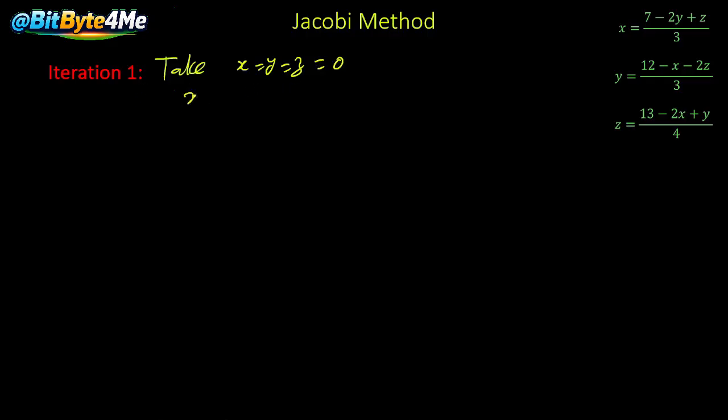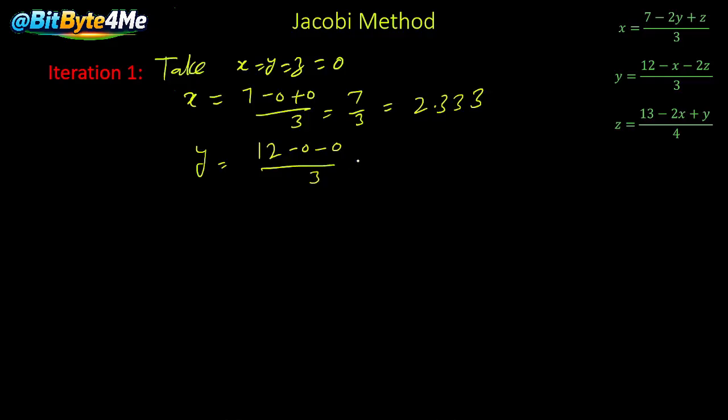If you take these, you will get the value of x as (7 minus 0 plus 0) by 3, that is 7 by 3, which is equal to 2.333, and y you will get (12 minus 0) over 3, that is 4, and z you will get (13 minus 0 plus 0) over 4, which is equal to 3.25.